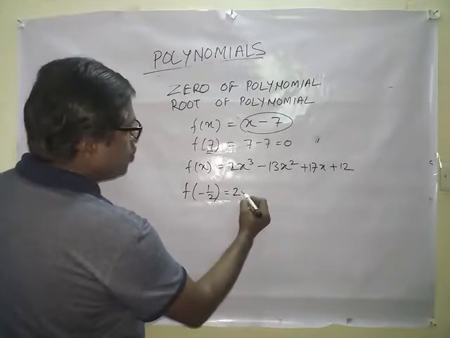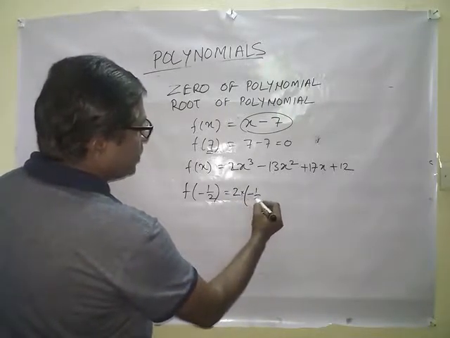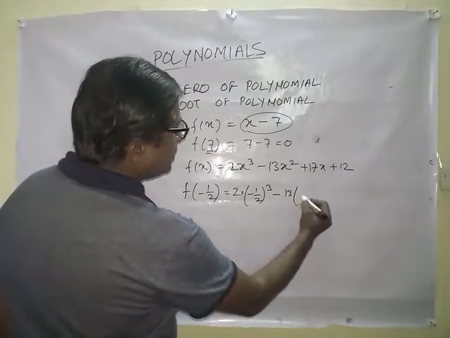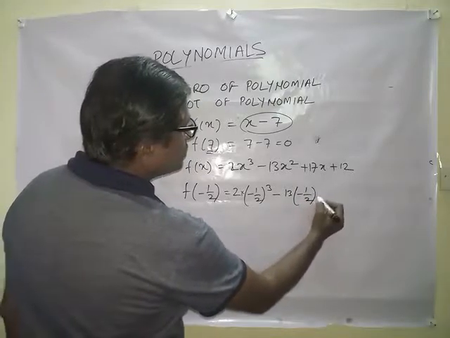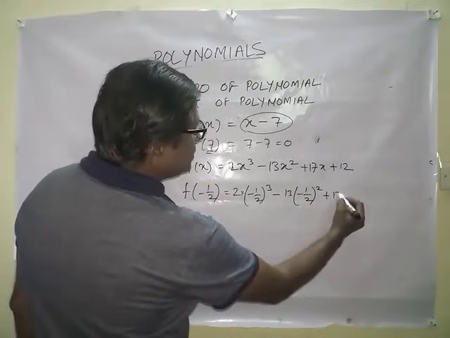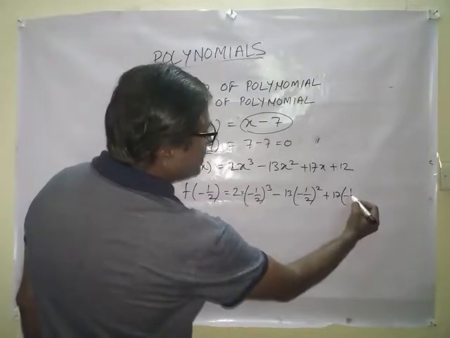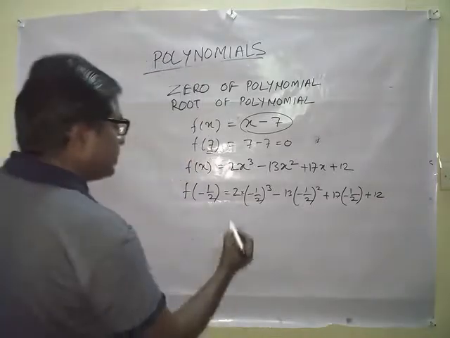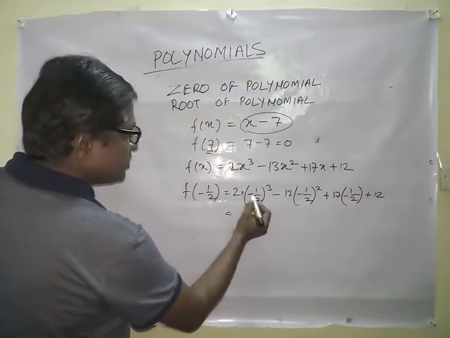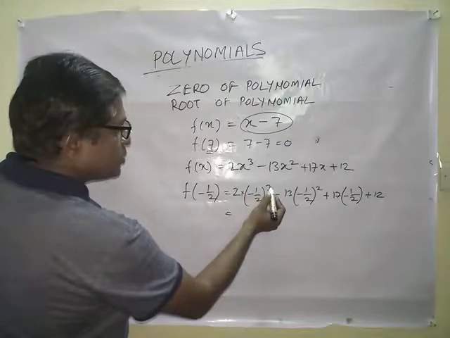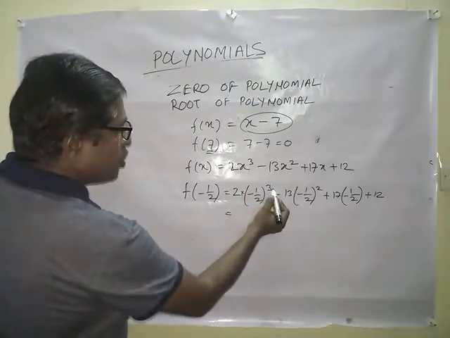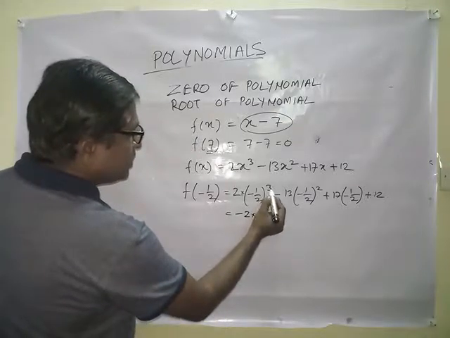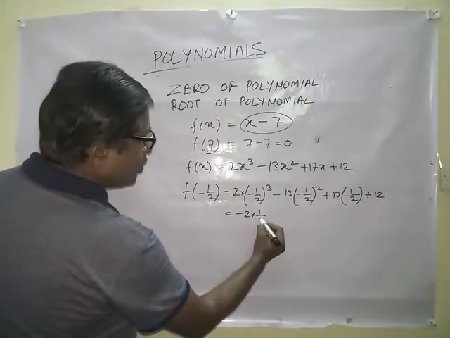So 2 multiplied by (minus 1 upon 2) cube, minus 13 multiplied by (minus 1 upon 2) square, plus 17 multiplied by minus 1 upon 2, plus 12. Let us solve this. The exponent is 3, which is an odd number, so the minus will come forward: 2 multiplied by 1 upon 8.